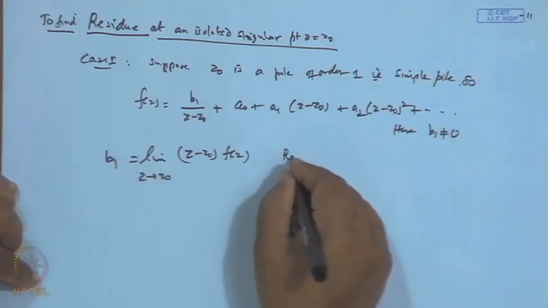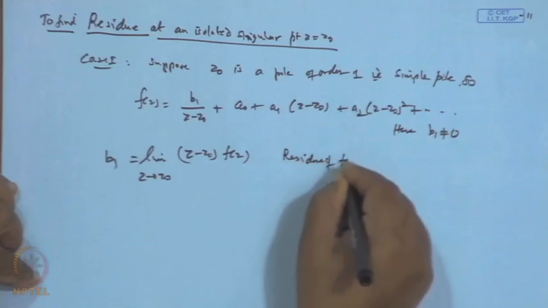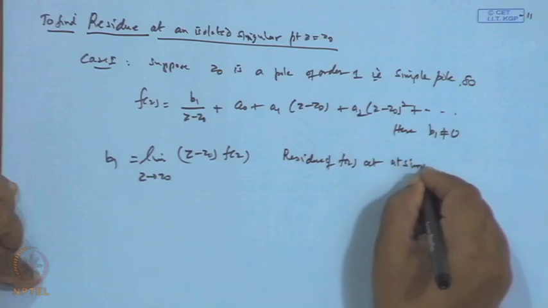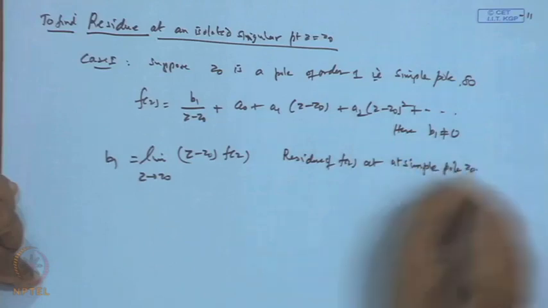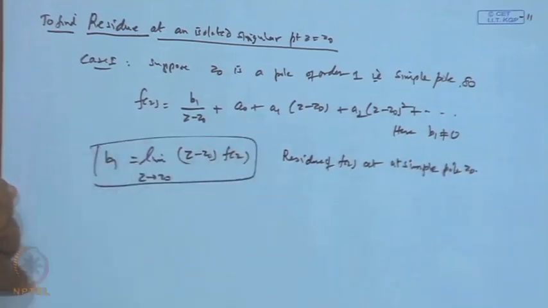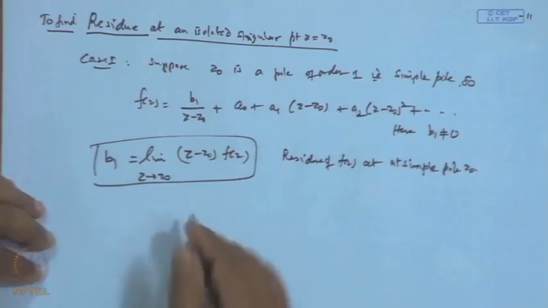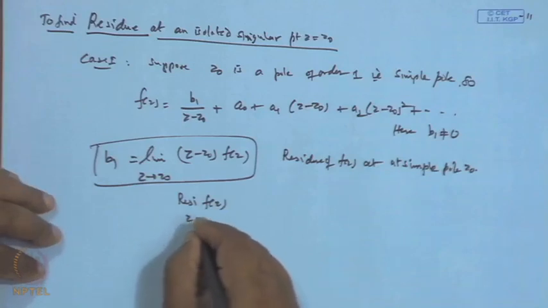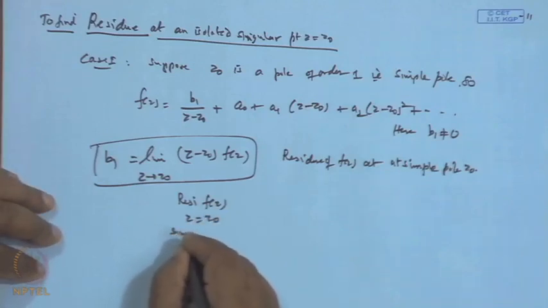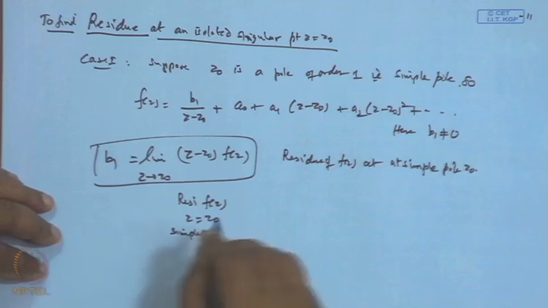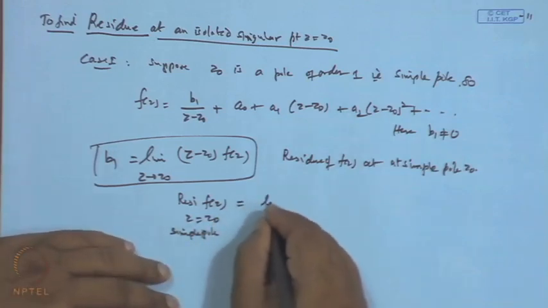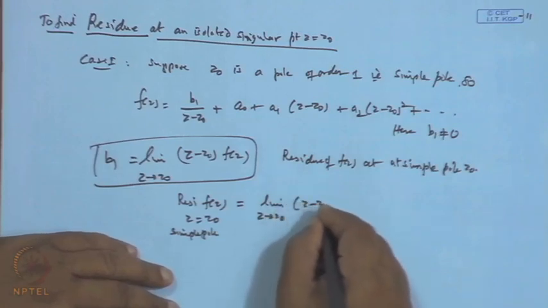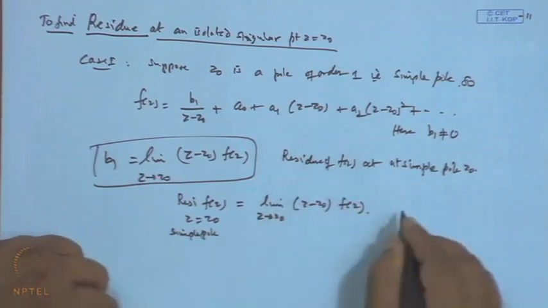So, that is the residue of the function f z at the simple pole z naught. This is the formula: the residue of f z at z equal to z naught, which is a simple pole, will be equal to the limit as z tends to z naught of z minus z naught times f z.